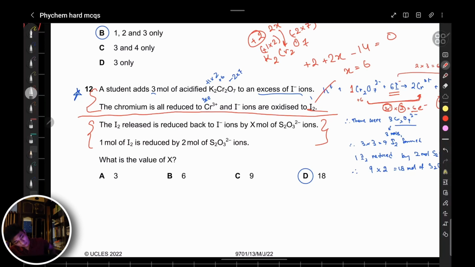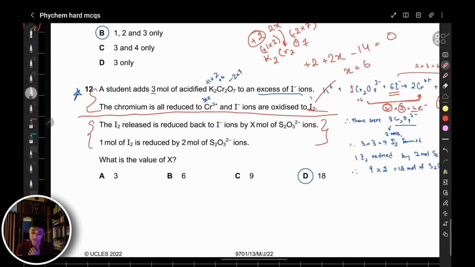The iodine released is reduced back to iodide ions by X mole of S2O3 ions. Okay. 1 mole of iodine is reduced by 2 mole of S2O3 ions.